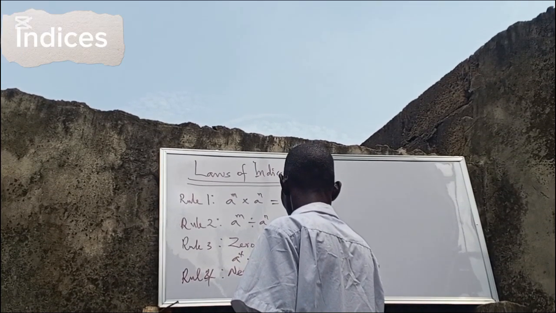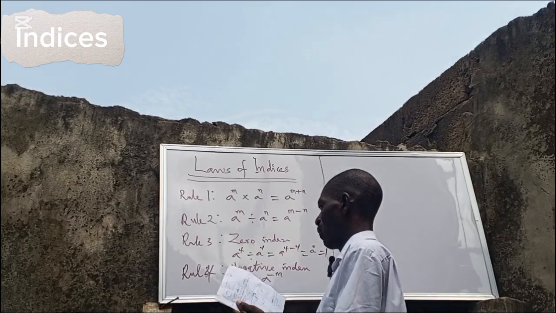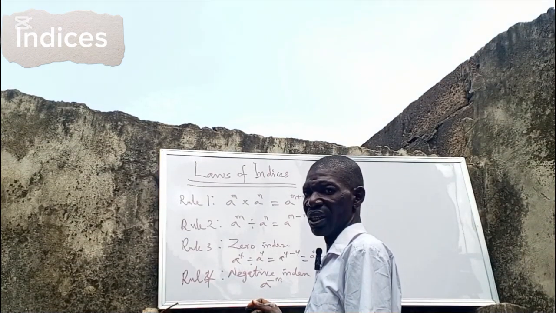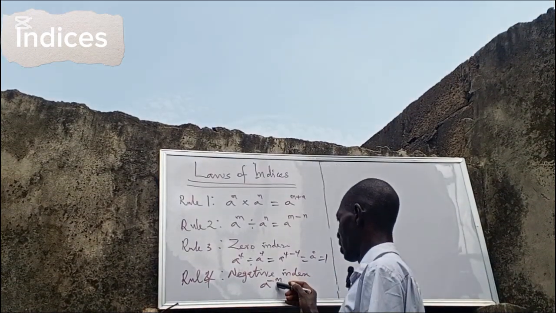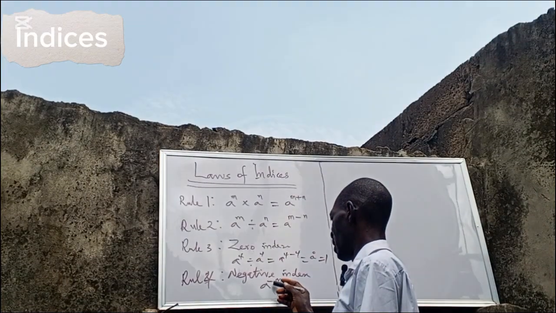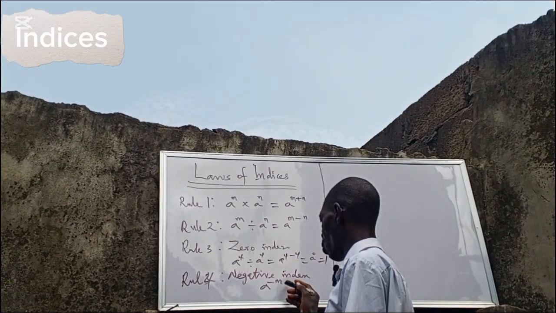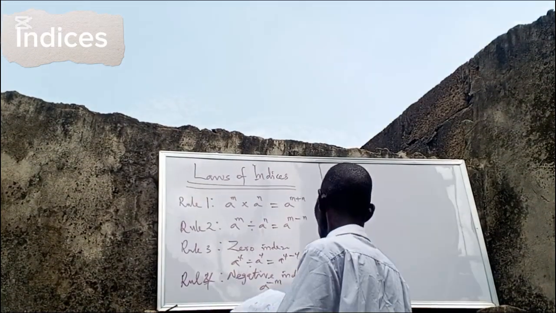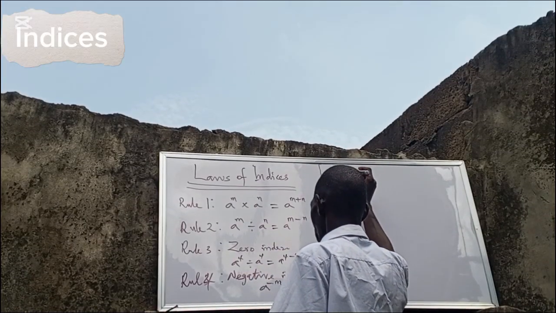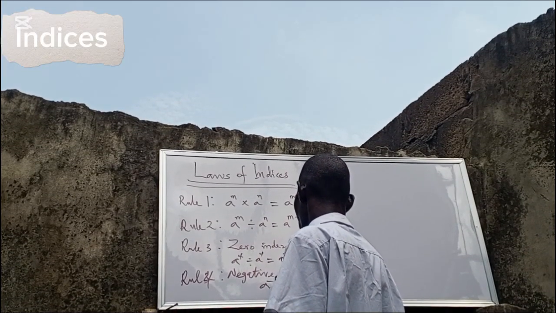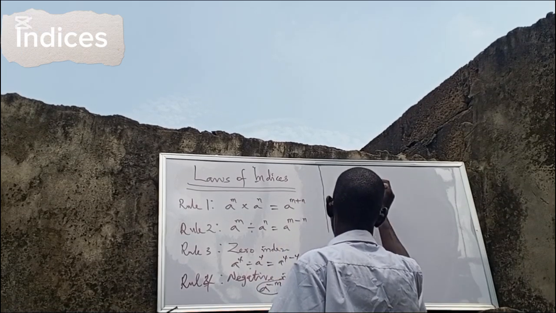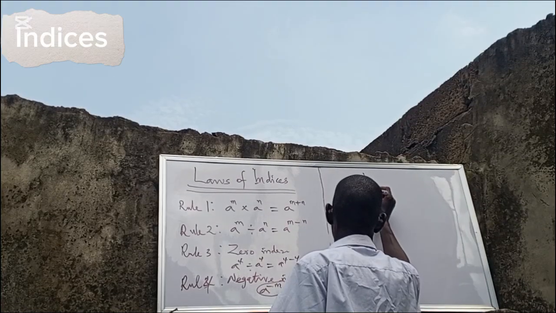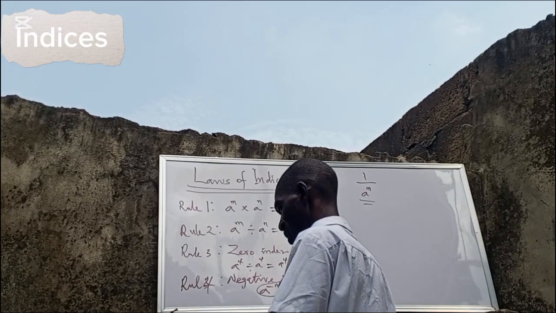The fourth law states that when you have a negative index, look at this, the index is negative. So when you have a question that is carrying a negative index, what you simply have to do is take the reciprocal of this. So it's going to be 1 over A^m. So that is it.